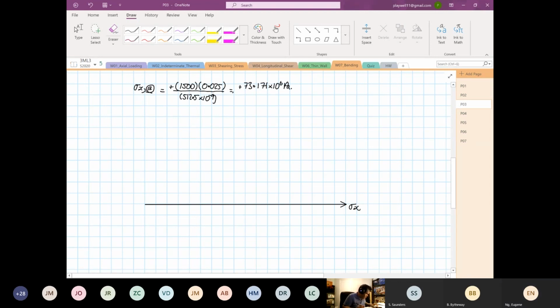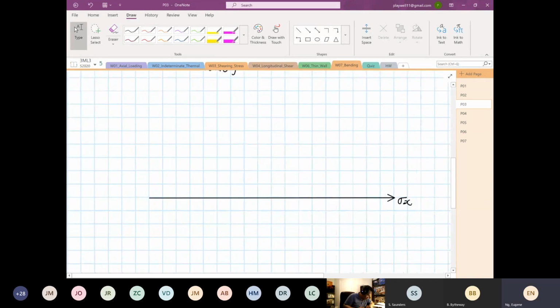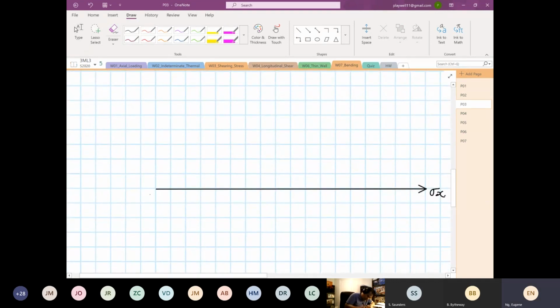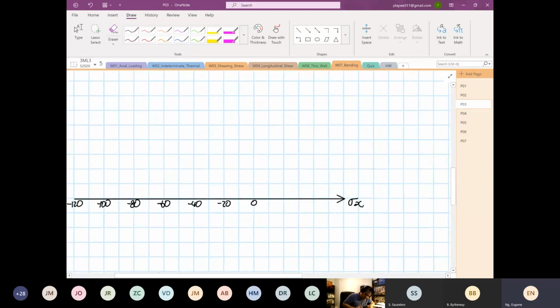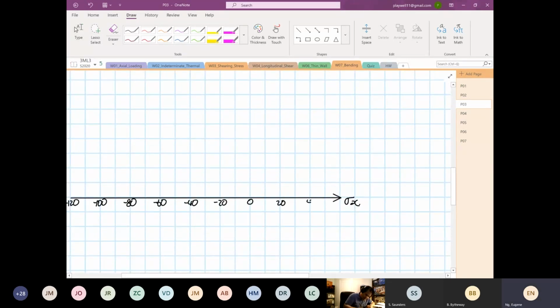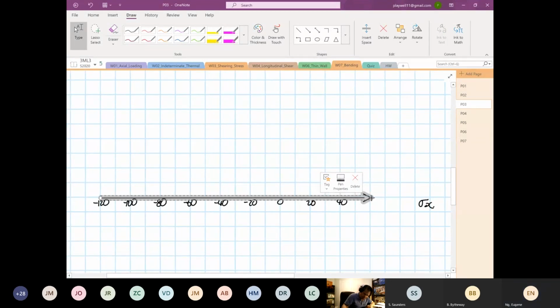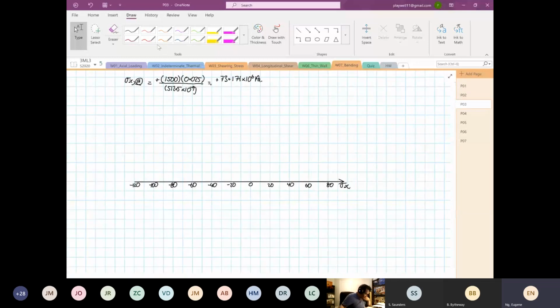So I'm going to go for minus 120, 100, 80, 60, 40, 20, 40. Oh, not enough. I need to move this. Right, 60 and 80. And then we have a y.